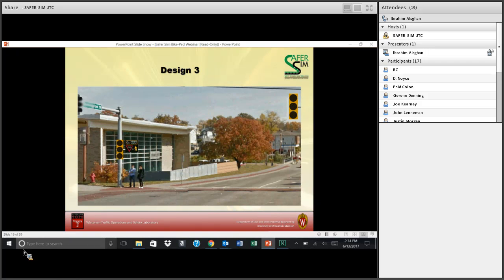So in the third design here, as you can see, we have used a similar design that has been implemented in Oregon. What you can see here is the traffic device flashing "turning vehicles yield to pedestrian."